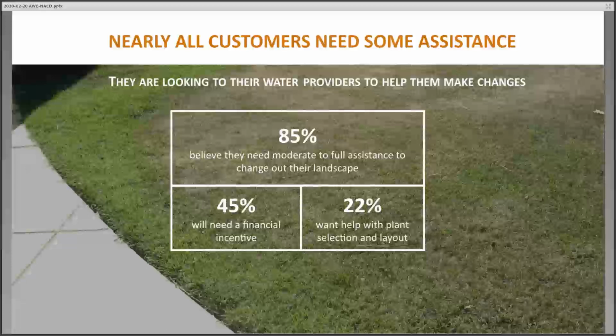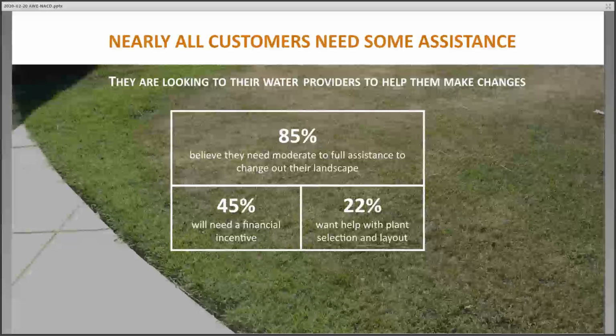And one of the important things we find is that these customers say they need some assistance to change their yards and make them more efficient. 85%, in fact, said they would need moderate to full assistance to change out their landscape. 45% said they'd need a financial incentive, which is, as I mentioned earlier, fairly common for water utilities to provide, but a good number of people said they'd need that to go ahead and do it.